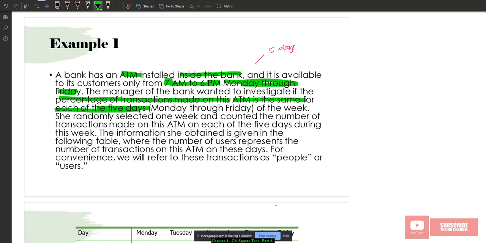She randomly selected one week, right, and counted the number of transactions made from this ATM machine for each of the 5 days during the week. The information she obtained is given in the following table, right?